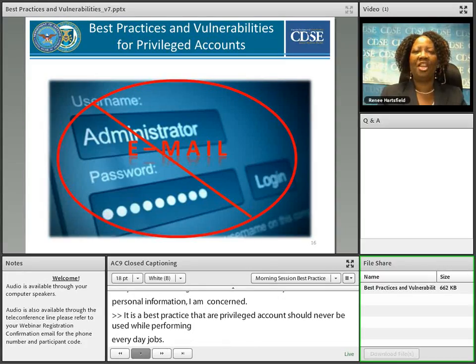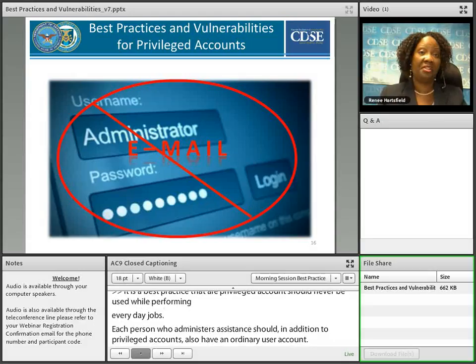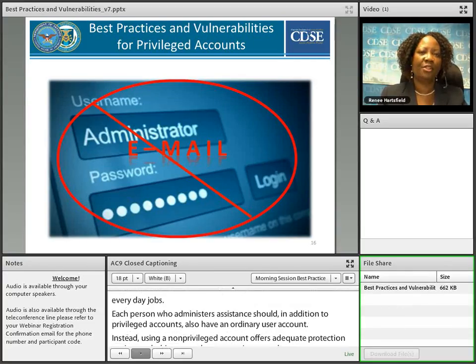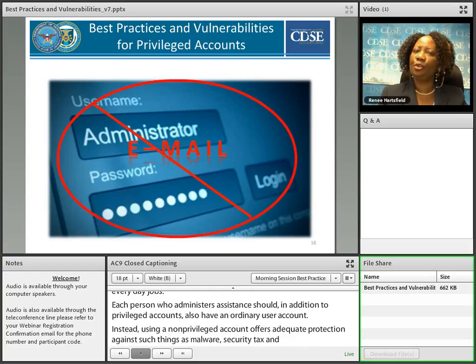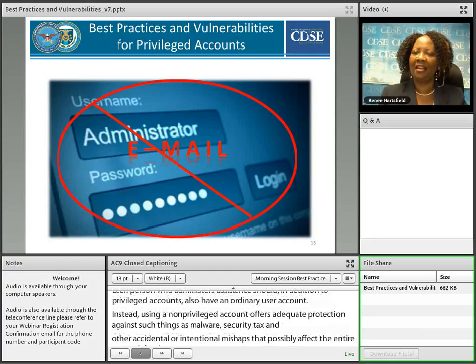Instead, using a non-privileged account offers added protection against such things as malware, security attacks, and other accidental or intentional mishaps from possibly affecting the entire network through these accounts. A best practice is to use your everyday account to check and read your emails, while only using your privileged account to perform only those duties that require elevated privileges.